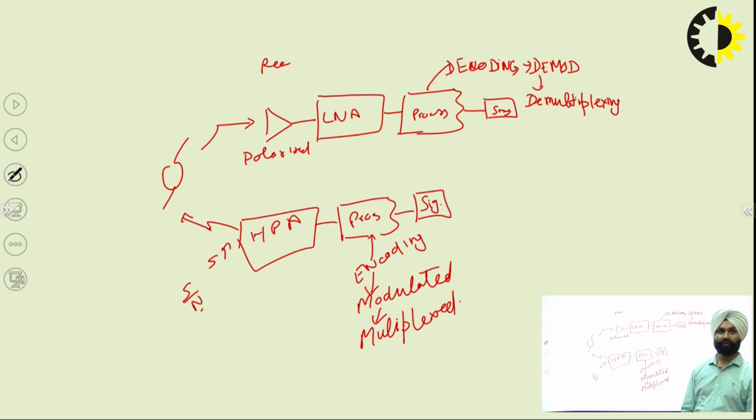The signal is decoded at the receiver after the low noise amplifier. The signal is decoded and then demodulated and then demultiplexed.